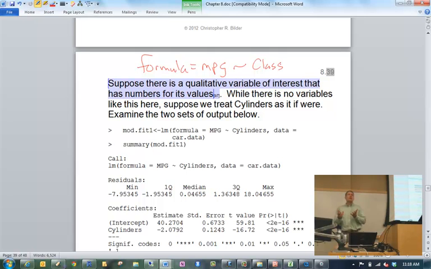It would treat this as a numerical value and would estimate beta 0 and a beta 1, and that's it. It would treat class as numeric. So how could you then tell R that this is actually a qualitative variable? These numbers in that ordering, 1, 2, 3, 4, 5, 6, 7, have no meaning at all.